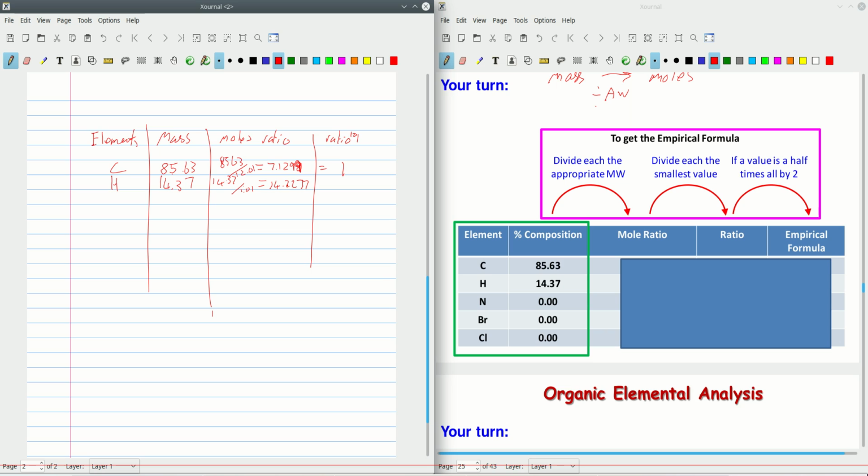Then we've got 14.22 divided by 7.1299, which equals 1.995, which is close enough to be 2. So our ratio is 1 carbon to 2 hydrogens. Nice and straightforward.